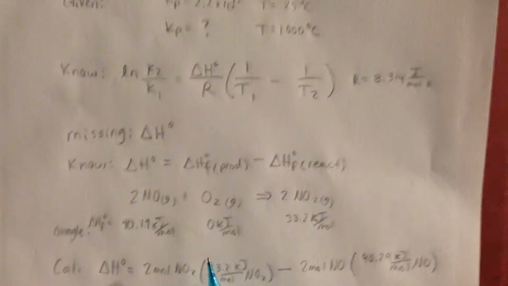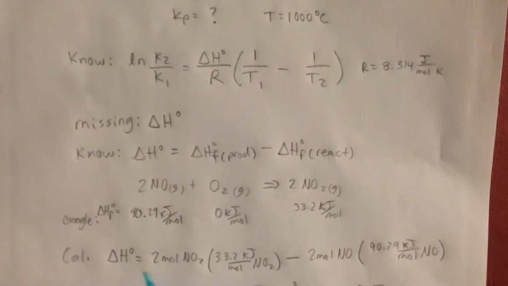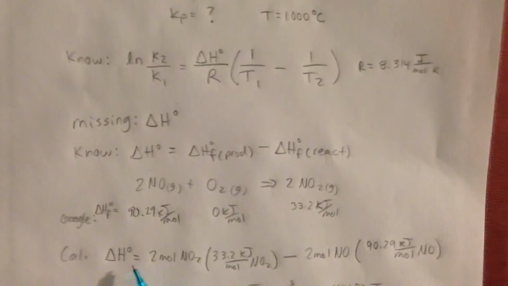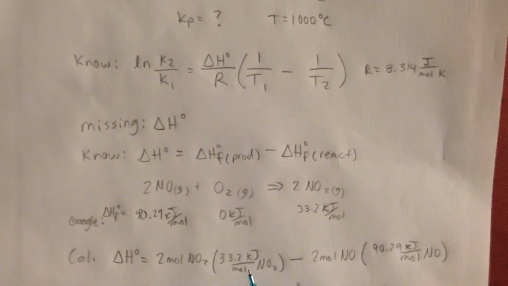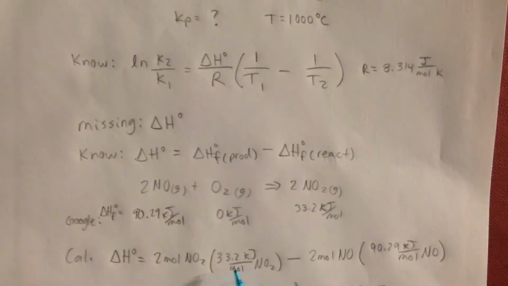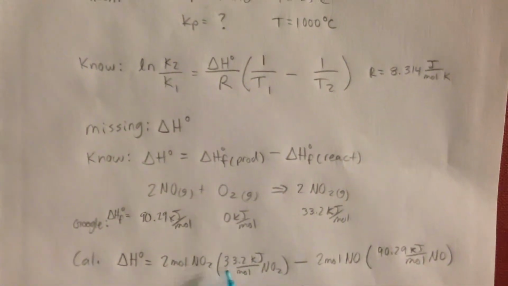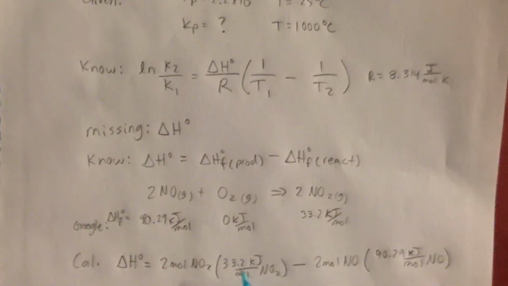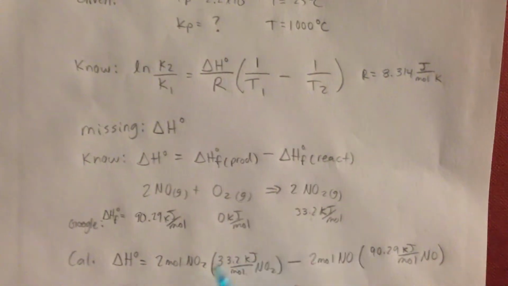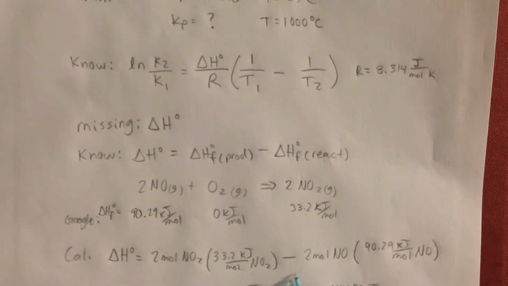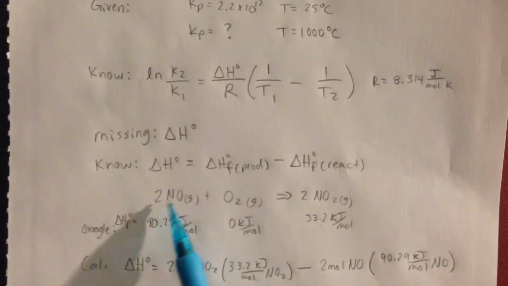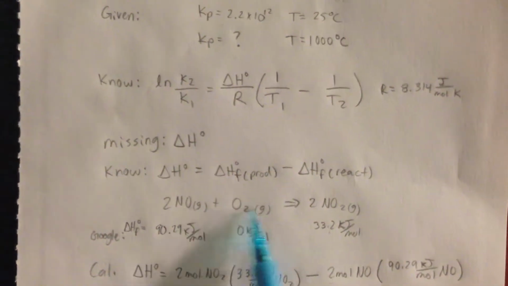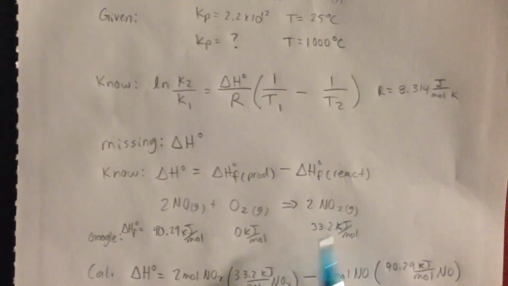So we now have many values, so we can calculate our delta H using the formation values, as they asked. The units cancel out, so we have the products minus the reactants. These coefficients came from our balanced equation, the 2 moles of NO gas and 2 moles of NO2 gas.